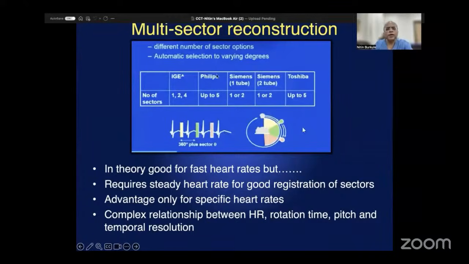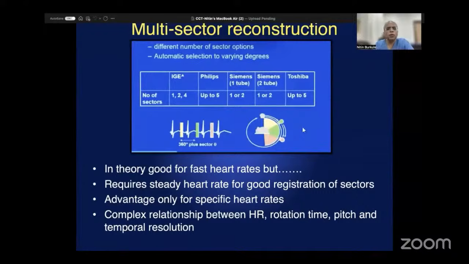Most of the vendors will have their fixed formula for that particular heart rate, and they will not allow you to override that. So for a GE machine, you can have 1, 2, or 4 sectors. For Philips machine, up to 5. Siemens, one tube can have 1 or 2 sectors, and so forth. So remember that this will be feasible only in certain patients and not in all the patients.